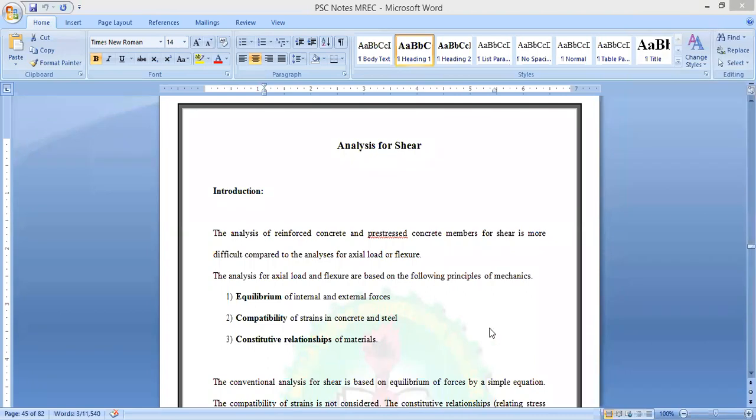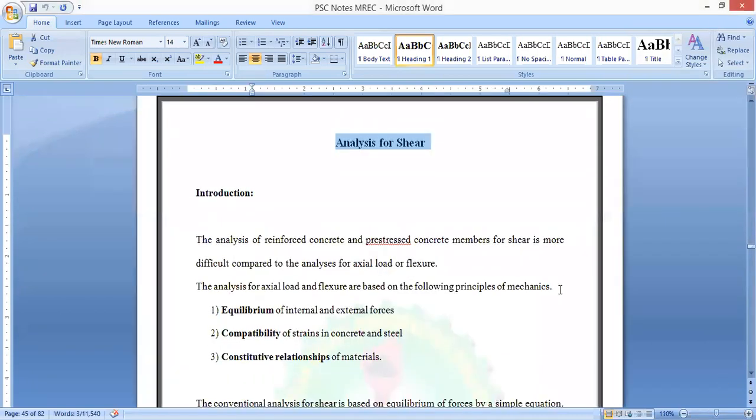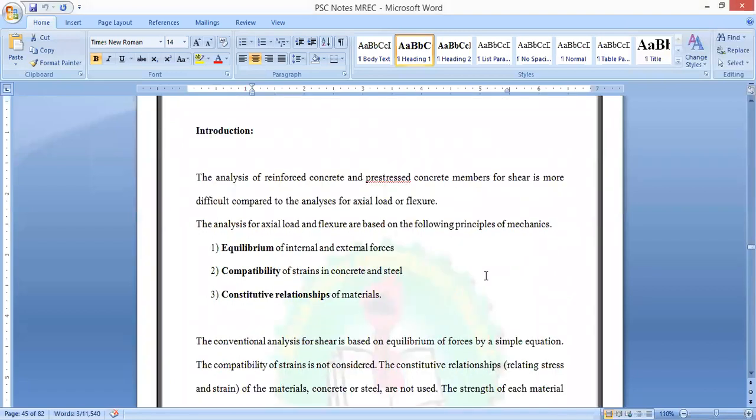So let's talk about analysis of beams under shear. The analysis of reinforced concrete or even prestressed concrete members for shear is more difficult. Why? Because for analyzing these members, there are a few methods adopted, in the form of principles of mechanics.